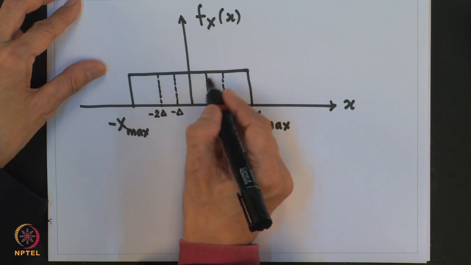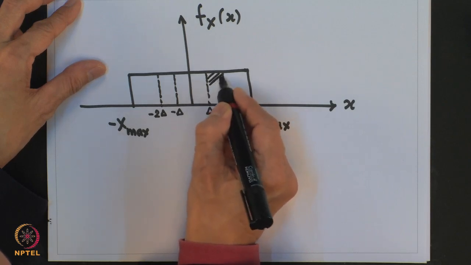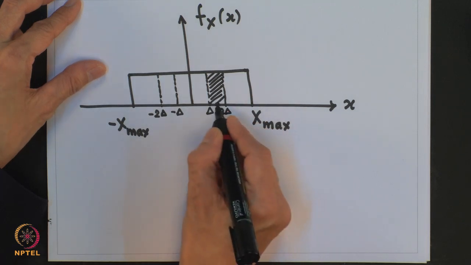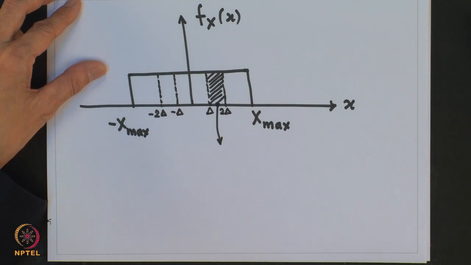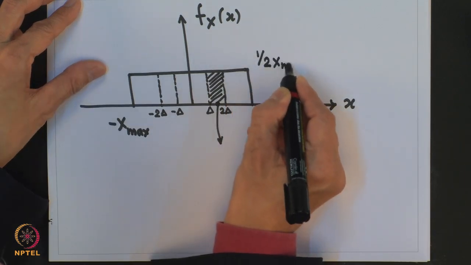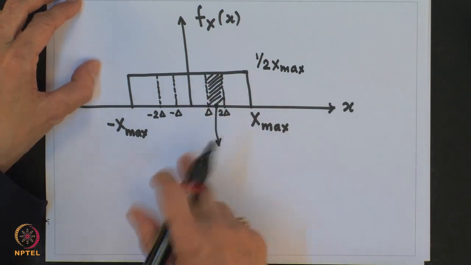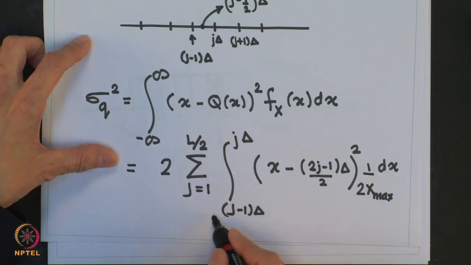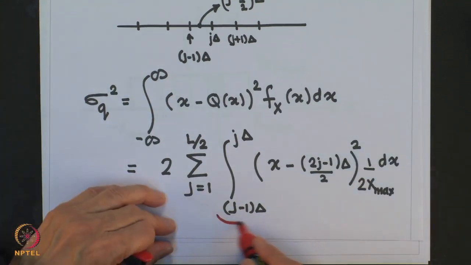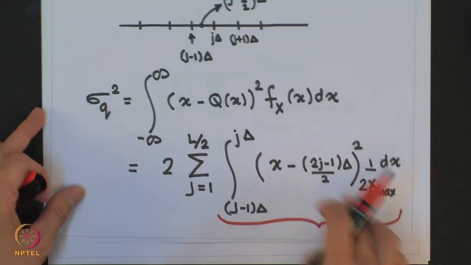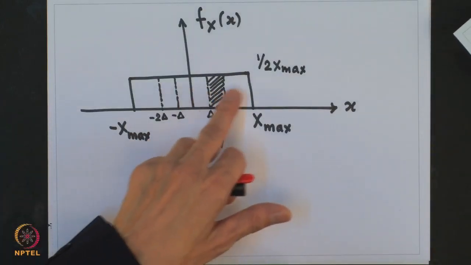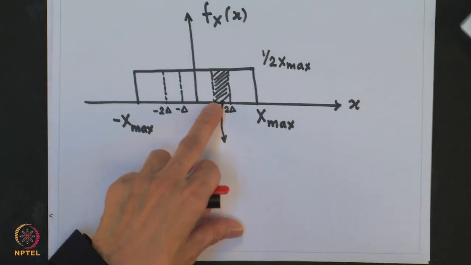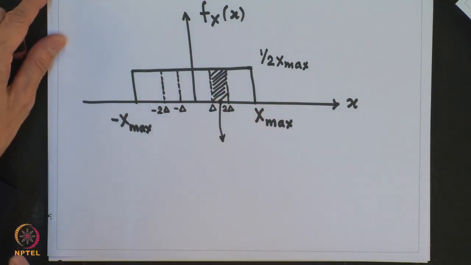So, in a particular interval, this is the reconstruction value we will have. Now it is easy to realize that this integral is identical for all the intervals. So, this is the error which you get, and that is going to be the same for every interval.